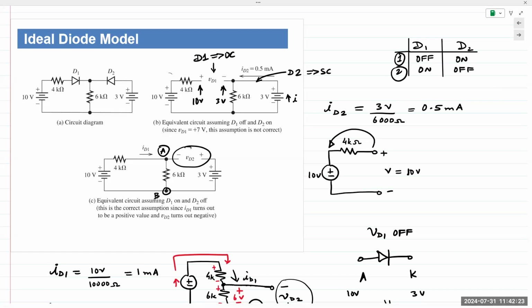Any questions at all? Do the steps make sense?